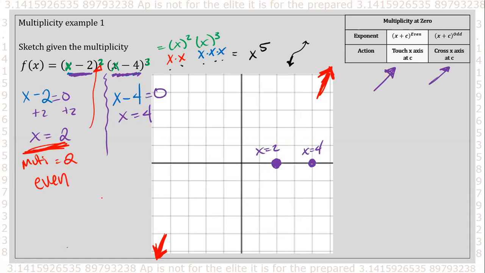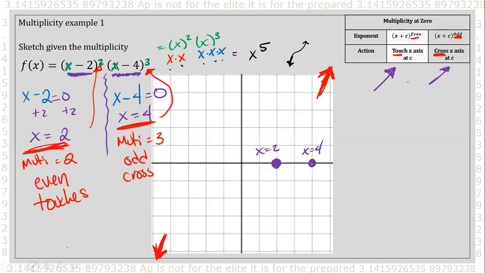So when it is even, it touches. When x equals 4, my exponent was a 3, so my multiplicity is 3. That is odd, so it crosses. If you don't remember from the last slide, if it's odd, it crosses the x-axis, and if it's even, it touches the x-axis.